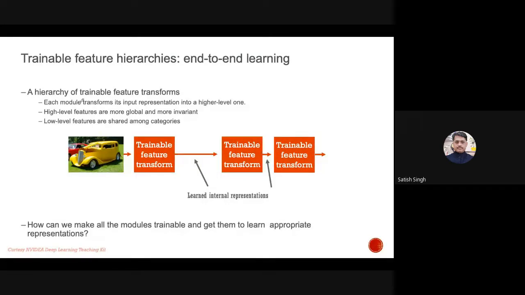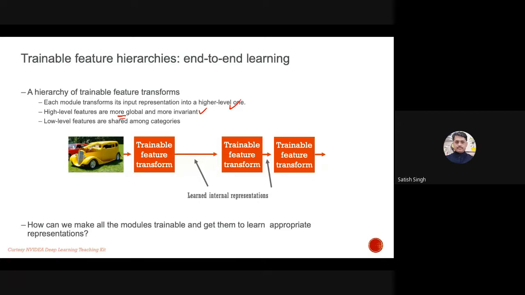So, a hierarchy of trainable feature transforms: each module transforms its input representation into a higher level one. High level features are more global and more invariant. This should be understood properly: high level features are global features and low level features are local features. What do you mean by local features?